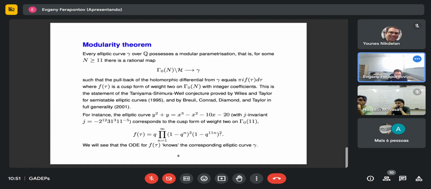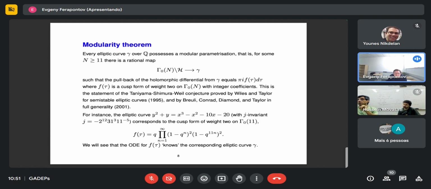So now we have the following observation, which I haven't seen in the literature. As I said, every modular form satisfies a third order differential equation. I will show you the differential equation for this particular modular form. This differential equation allows you to reconstruct explicitly this curve.